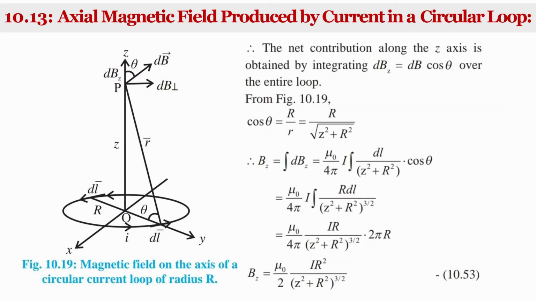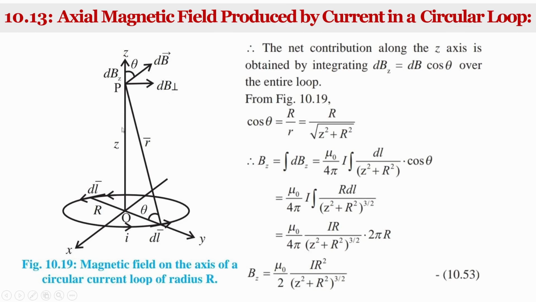So the net contribution along the z axis is obtained by integrating dBz equal to dB cos theta, where dB sin theta is the other component. So the component along the z axis is dB cos theta over the entire loop.